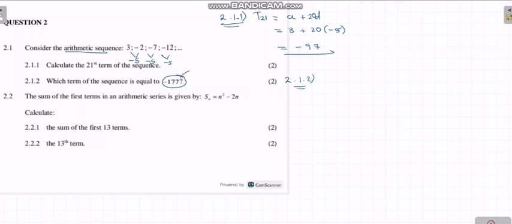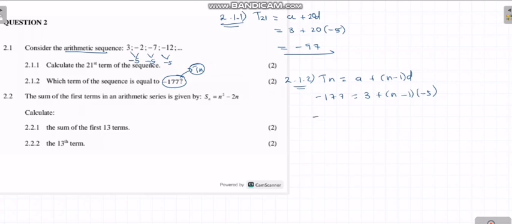So this is Tn. Tn is equal to a plus n minus 1 into d. So negative 177 equals 3 plus n minus 1 into negative 5.